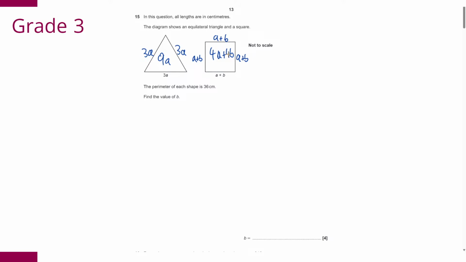The perimeter of each shape is 36. So 9A equals 36. Divide by 9 both sides. A equals 4. And then we've got 4A plus 4B equals 36. A is 4, so it's going to be 16 plus 4B equals 36. And probably should put our lines in now.